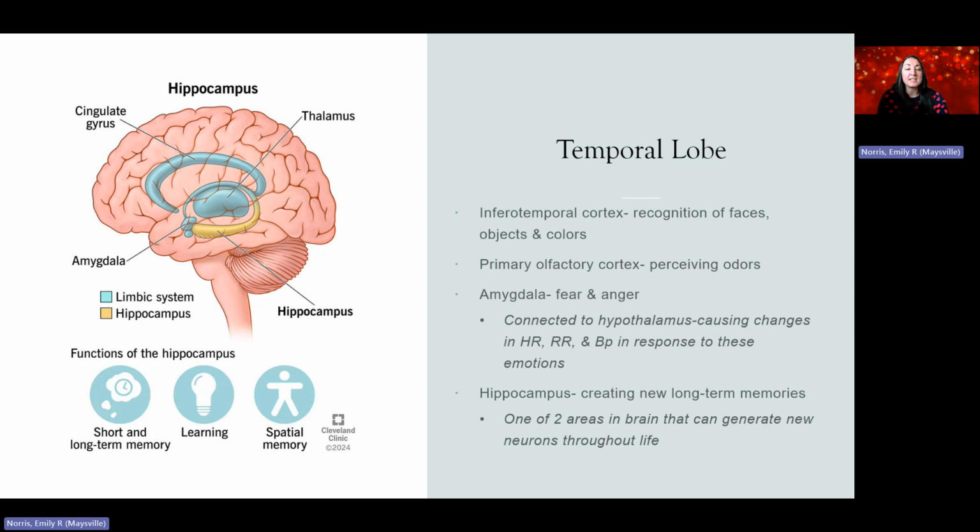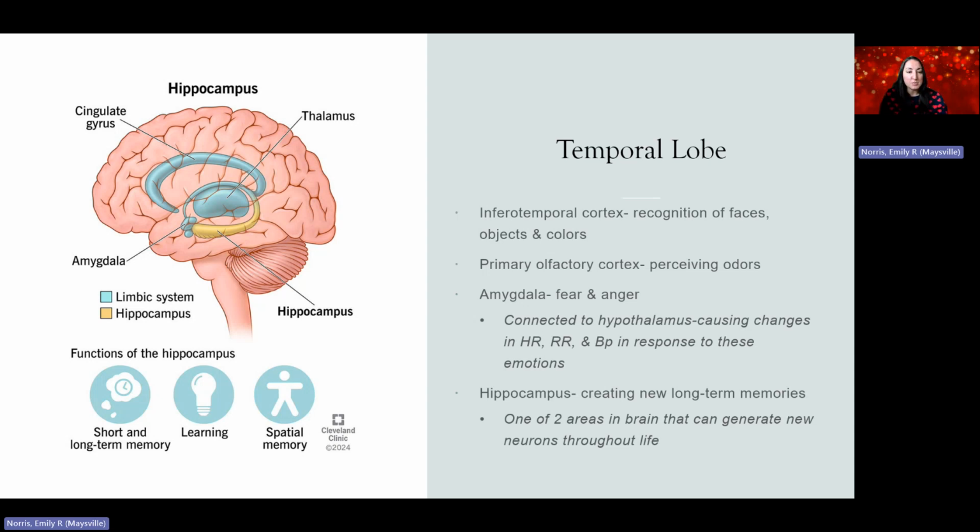The amygdala is where fear and anger are processed, and there are connections between the amygdala and the hypothalamus, which can change your heart rate, your respiratory rate, your blood pressure. So that's why you can have changes in those in response to emotions like fear, anger, embarrassment, how they can immediately change your heart rate and your respiratory rate. It's because of those connections.